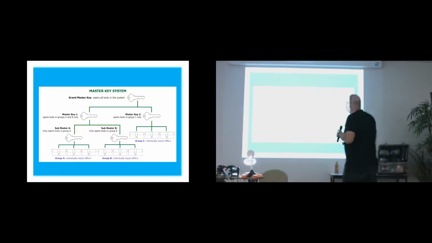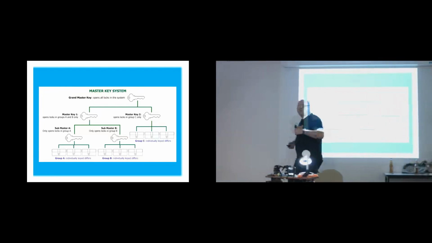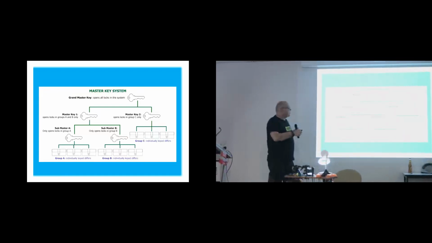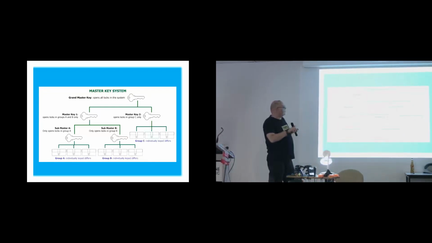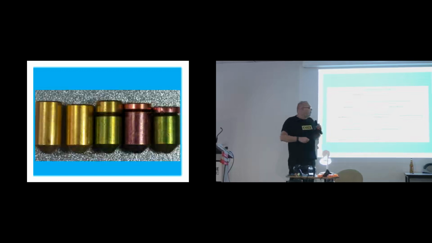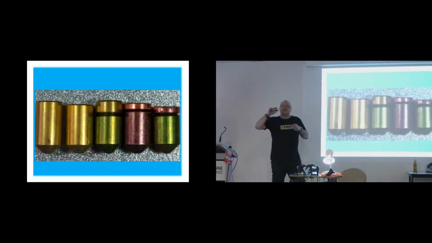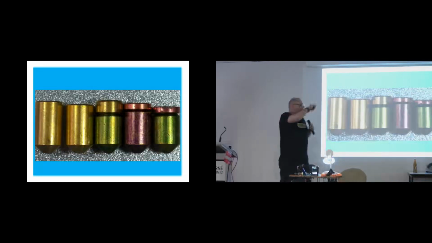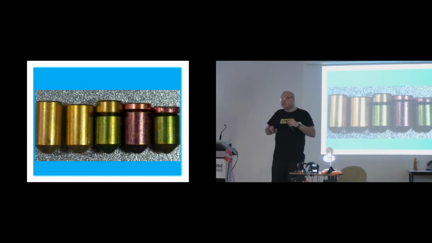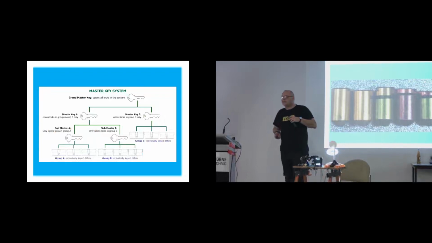Okay, so we have a master key system. This one has several levels. So this would be the superintendent or the owner, whatever, and there are several levels. And in order to do that, you'll have to add even more disks per stack or something like that. But we'll get to it.